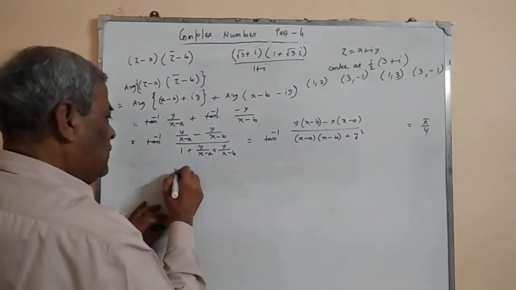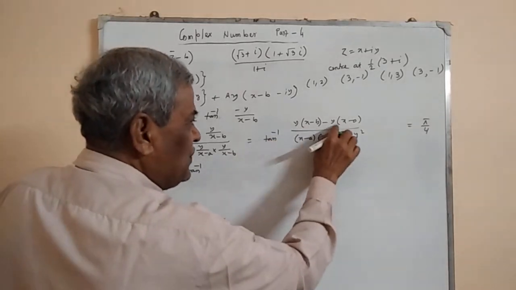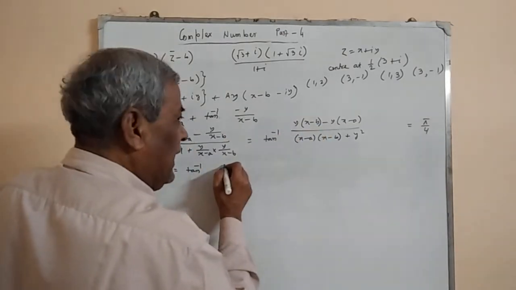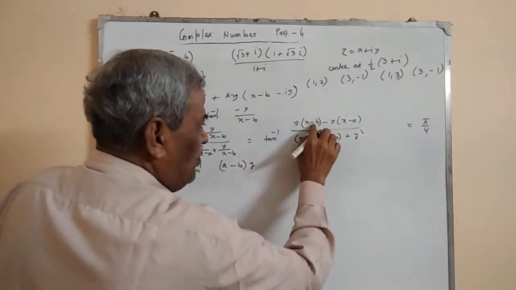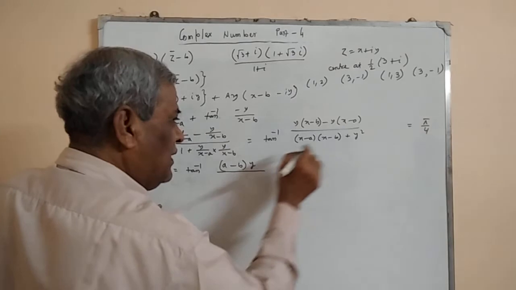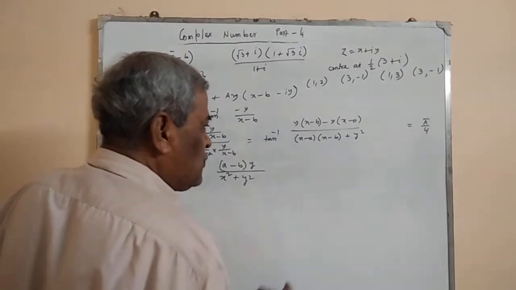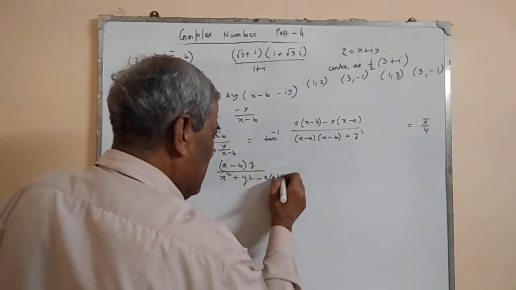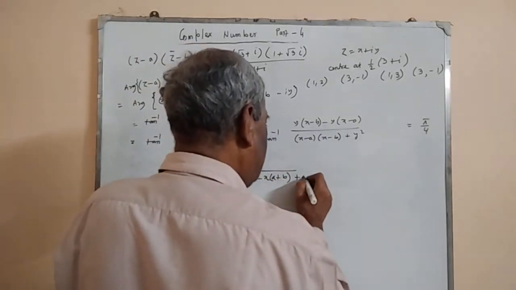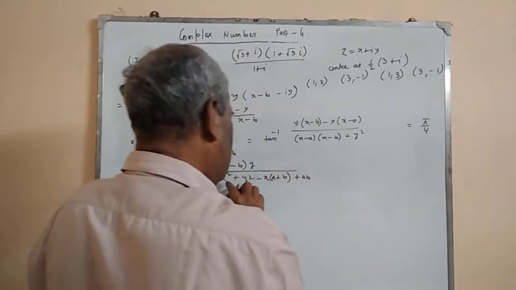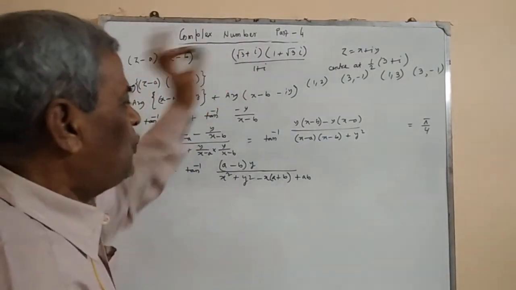The x into y terms will be cancelled, this is a minus b into y, so we get tan inverse of (ya minus yb) divided by (x square plus y square minus x into (a plus b) plus ab). Okay. So as per condition, argument of this is equal to argument of that.